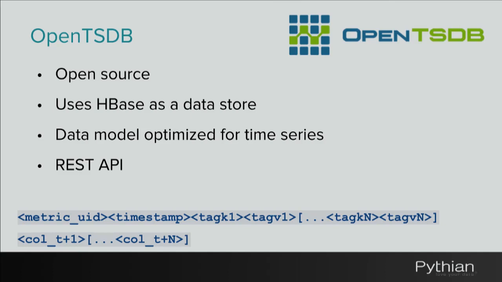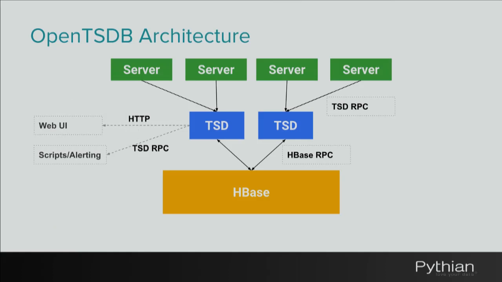Essentially, what OpenTSDB does is provide us the data model that's optimized for time series and an API on top of that that allows us to work with the data easily. On a high level, the OpenTSDB architecture looks something like this. You have a number of servers, if it's a monitoring use case, but those could also be sensors and stuff like that. You have TSD instances, which are Java agents sitting in between servers and HBase.